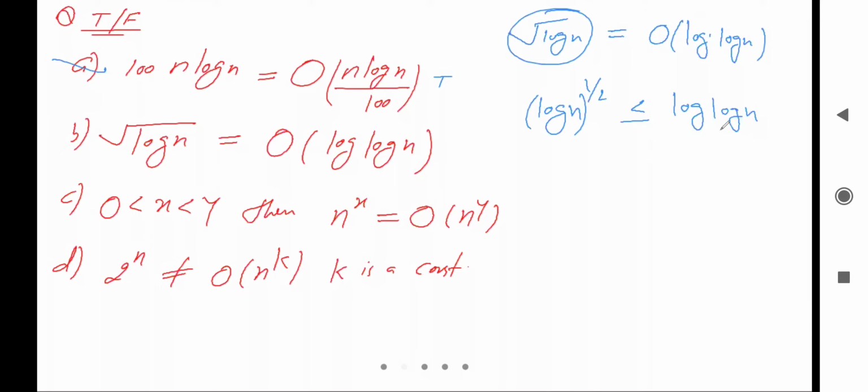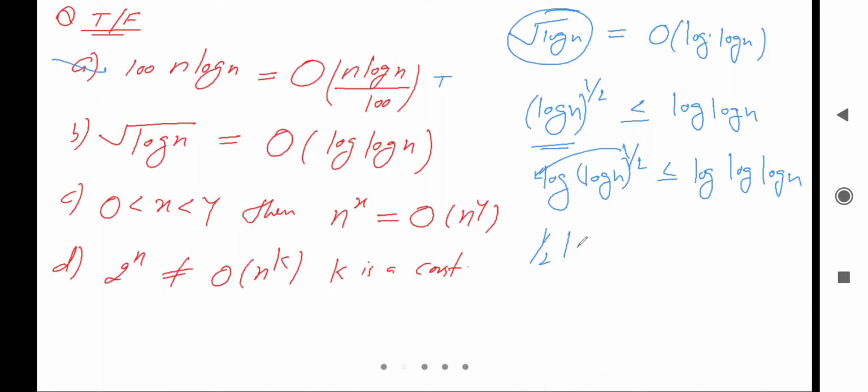What will happen in this case if we take a log further on both sides? Here it is log of log n to the power 1 by 2, and that is less than or equal to log of log n, right? So this power will come in front and it becomes 1 by 2 log of log n, less than or equal to this one.